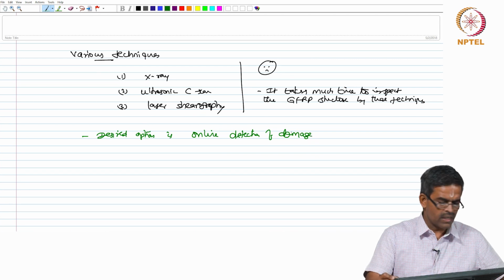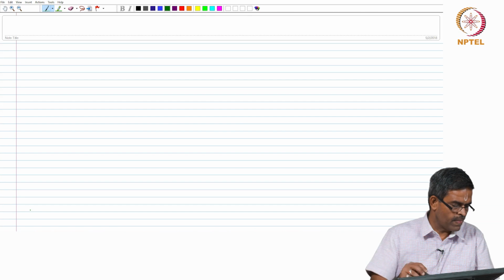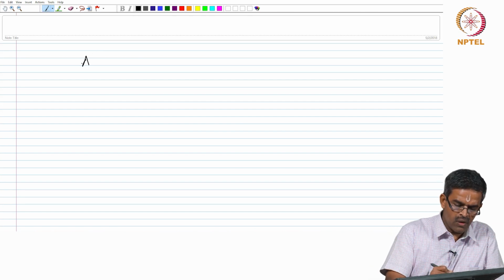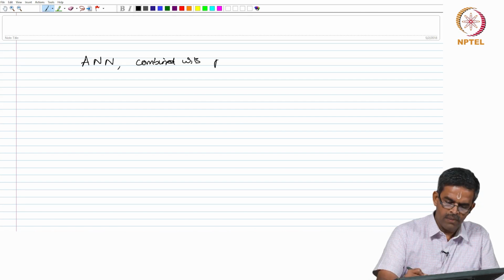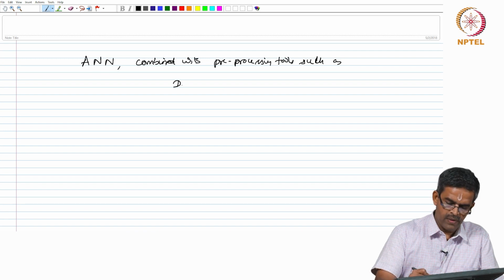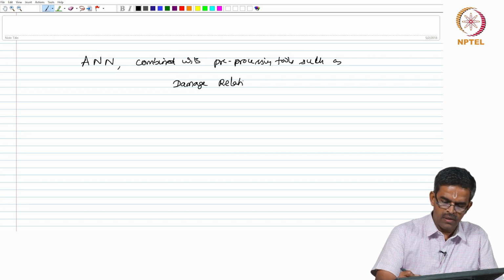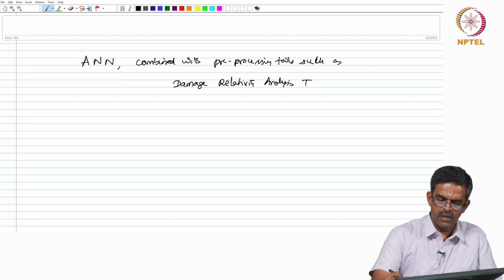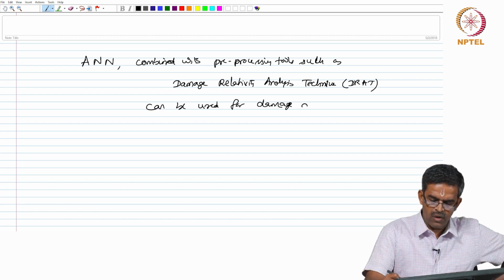What is online detection? How is it done? Artificial neural networks, with pre-processing tools such as damage relativity analysis technique, which is damage diagnosis.